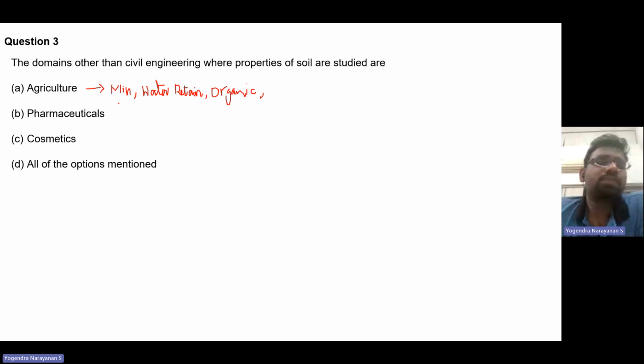Etc. So these three are some of the major aspects for which the properties of soils are required in agriculture. And in pharmaceuticals, essentially, we have some of the fine materials which are highly absorbing. Examples are zeolites.